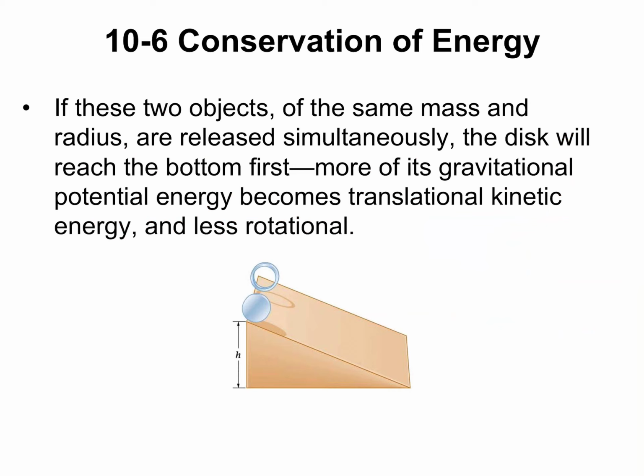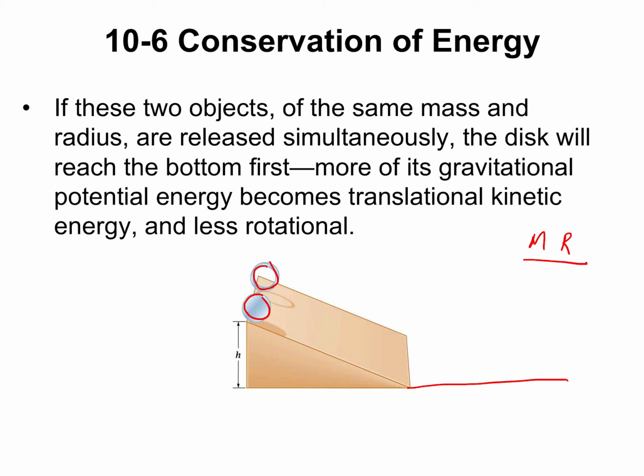So what happens here is this. If you have a ring and a solid sphere, assume they have the same mass and the same radius. You let them start from the same height and roll down. Which one reaches the bottom first? We can use energy conservation.